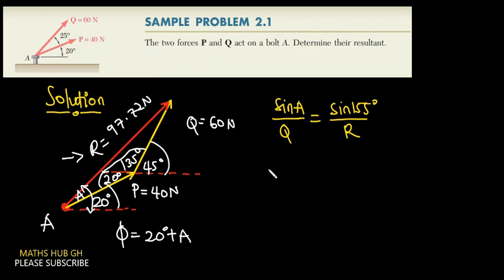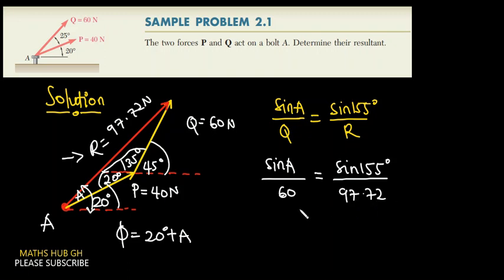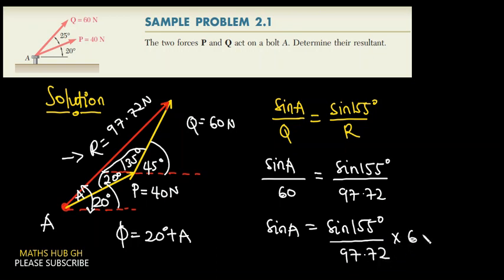So let's substitute in the known values. We have sine A divided by Q, which is 60 Newton, equals sine of 155 degrees divided by R, which is 97.72 Newton. So sine A will be equal to sine of 155 degrees divided by 97.72 multiplying 60 Newton. Let's simplify this. Before that, let me just free up some space.